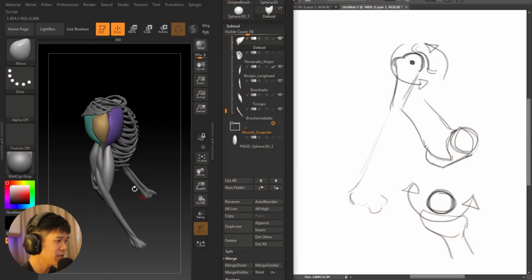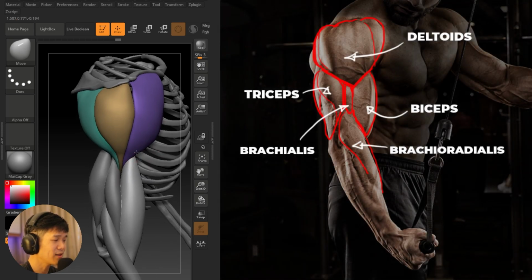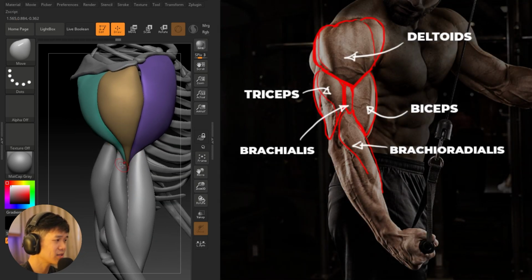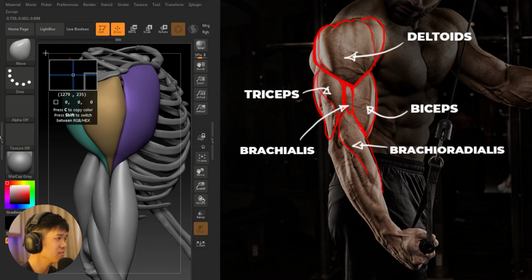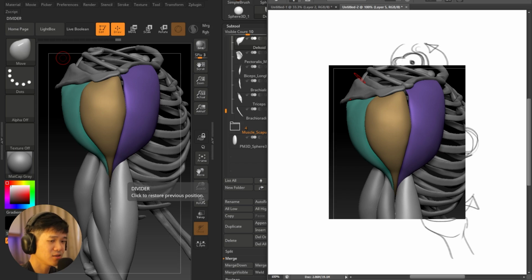Alright, so this piece, as I mentioned, is the deltoid, and one thing to note is when it starts to converge, again another image just for depiction purposes, you want to make sure that when it converges over here, it converges behind the biceps.